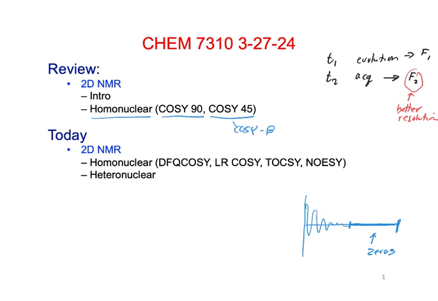One thing I'm not really showing you through some of these is that even at this COSY 45, there are some phase-sensitive versions, which essentially means if you had a doublet, then the cross peak would be, one would be positive and one would be negative, instead of what we've looked at so far as just an absorptive peak shape. And from those phase-sensitive ones, you can also get coupling constant information.